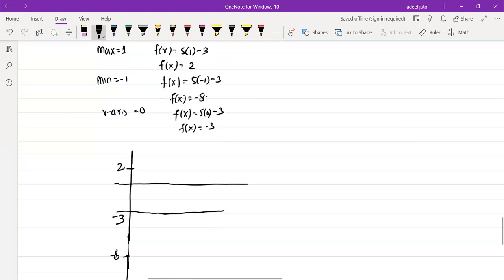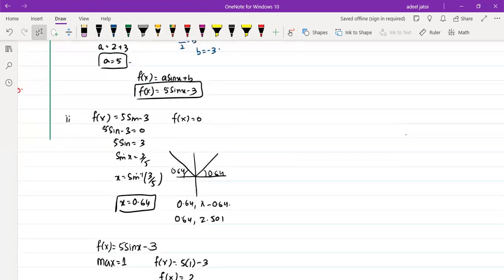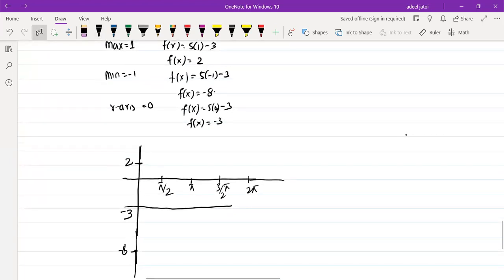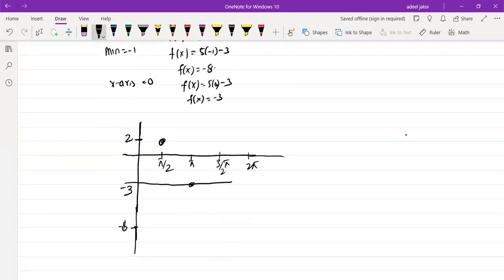The cycle is only 1, so π/2, π, 3π/2, and 2π. At 90 degrees we always have the maximum value. The graph is positive because the sine has a positive coefficient; if it had a negative coefficient, the graph would have been the opposite way. So 90 we write as 2, 180 we write as minus 3, 3π/2 as minus 8, and 2π as 2π.